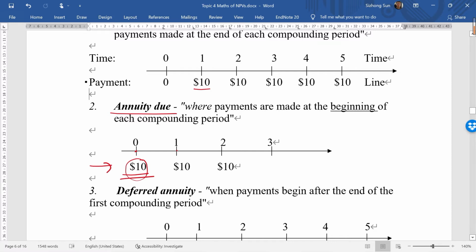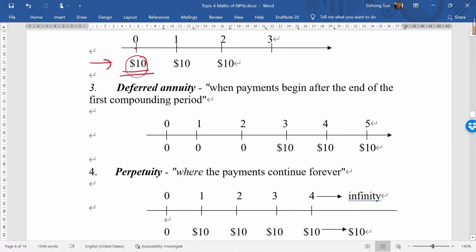Sometimes an annuity could be a deferred annuity, which means that payments begin after the end of the first compounding period. For example, for this annuity of 3 years, it occurs at the end of year 3, so it does not occur at the end of year 1.